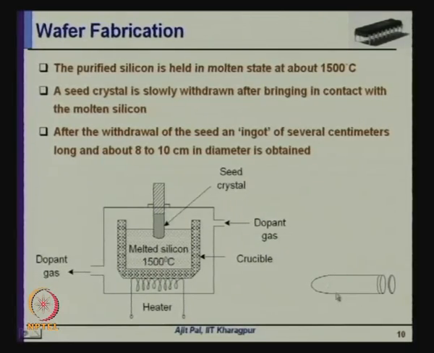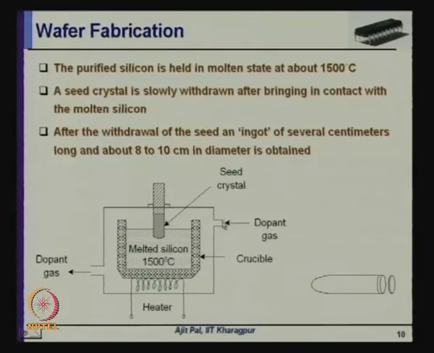In addition, whenever you do the withdrawal, you usually insert some dopant gas inside this chamber. What is the purpose of this dopant gas? As I mentioned, whenever you do the fabrication, the wafer has to be lightly doped p type or n type. How do you get this lightly doped p type or n type? This is done at this step.